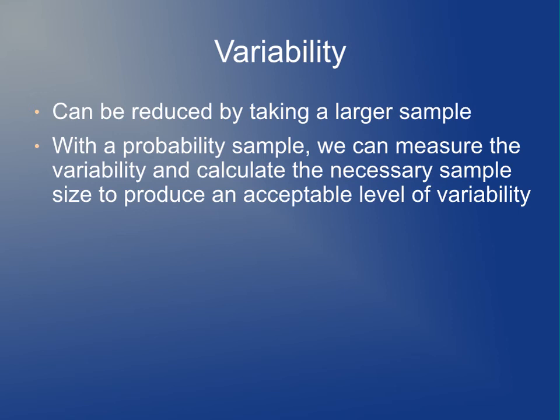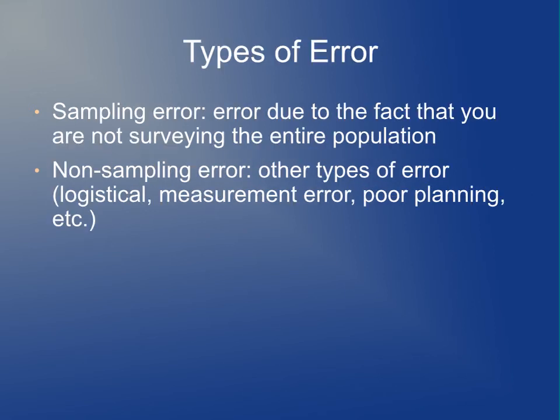All of this is stuff that we'll discuss in more detail later in this course. So, there's two types of error that can occur when you're sampling. Sampling error is the error due to the fact that you're not surveying the entire population. You might get slightly more Romney voters or slightly more Obama voters than you would get in the overall population.